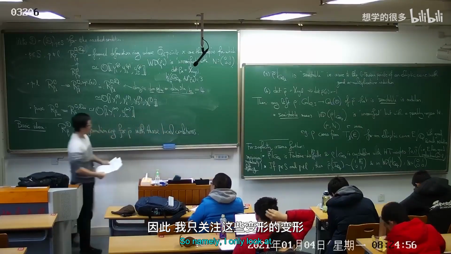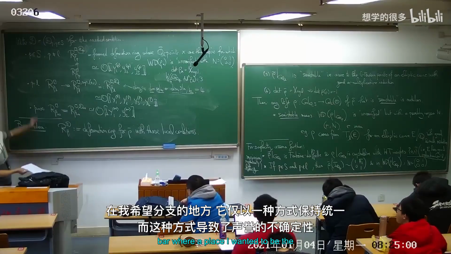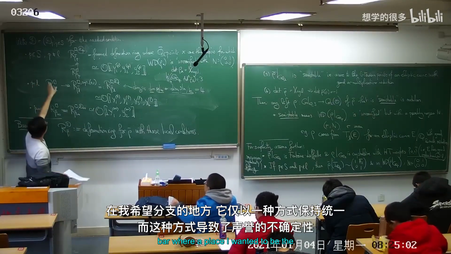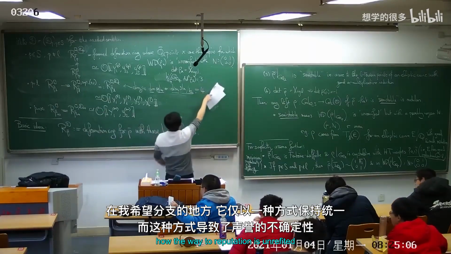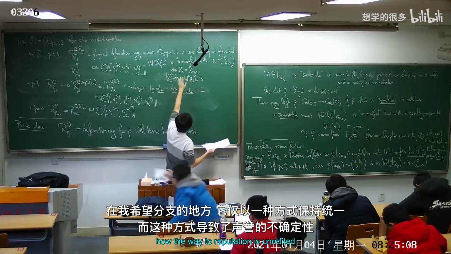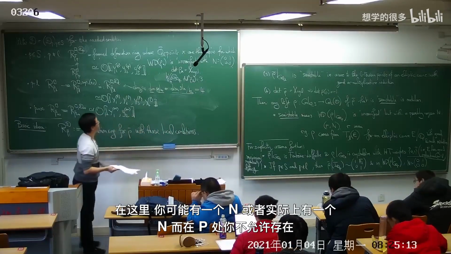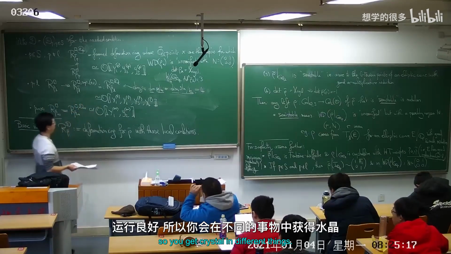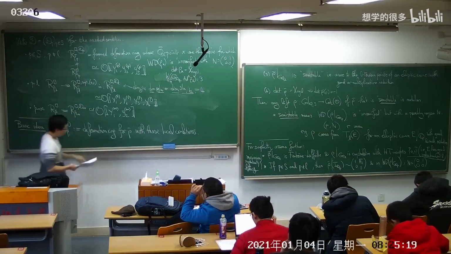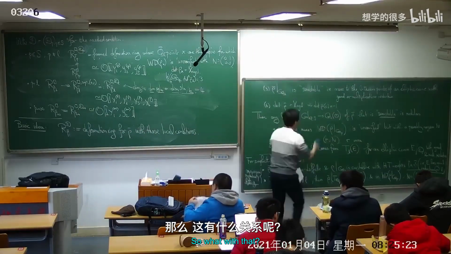Namely, I only look at those deformations of this rho bar where at the places that I want to be ramified, it is only ramified in a way that the ramification part is unramified, where you possibly have an N, and where at p, you don't allow it to ramify, so you get crystalline deformations. So work with that.